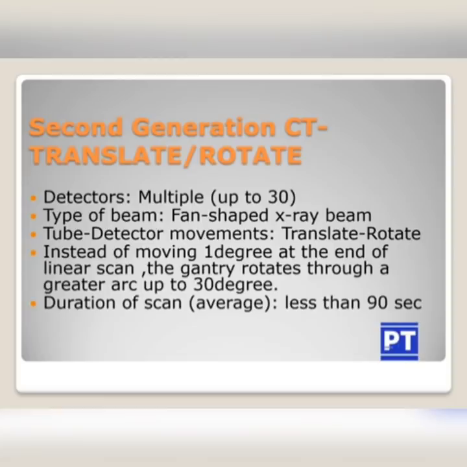After completing 160 steps, the X-ray tube rotates 1 degree, and likewise it rotates up to 180 degrees. But in this case, the linear movement is there, but the X-ray tube rotates through a greater arc, up to 30 degrees. So the scan time has reduced. The average scan duration is less than 90 seconds.